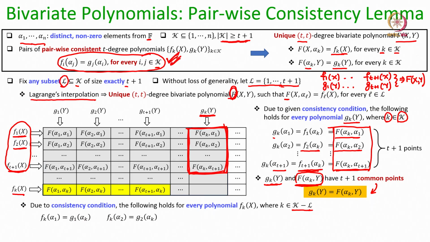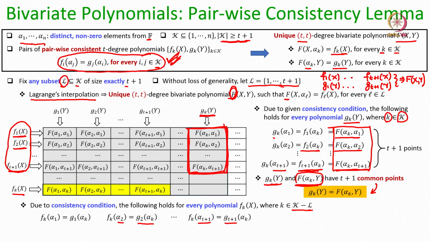In the same way, this kth x univariate polynomial at alpha 2 is given to be the same as the second y univariate polynomial evaluated at alpha k, and like that this kth x univariate polynomial evaluated at alpha t plus 1 is given to be the same as the t plus 1th y univariate polynomial evaluated at the kth evaluation point.